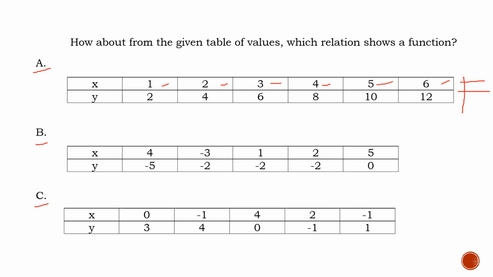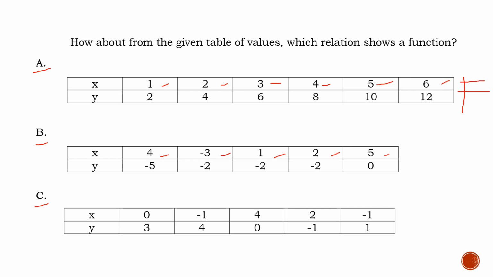Now for letter B, same process. We need to check if there is a repetition of x values under this table. Your first value is 4, your second value is -3, your third value is 1, your fourth value is 2, your fifth value is 5.